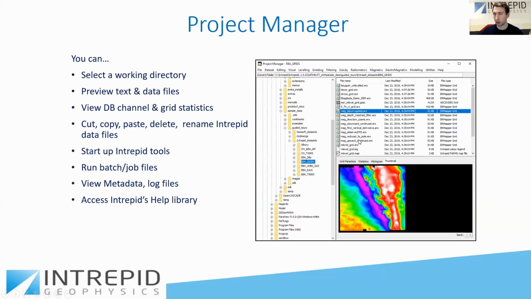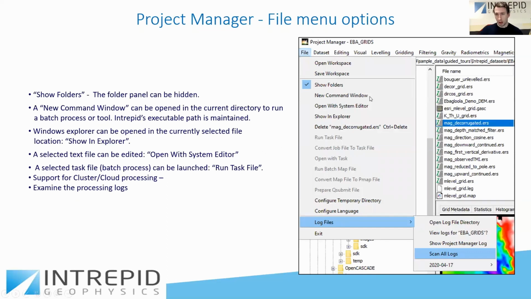If you right-click on a particular file, it'll come up with a little menu, and you'll be able to jump to certain functions from that. So start off with the project manager file options. As you can see along the top, there's a bunch of different groups, basically controlling the functions for the file you have selected.